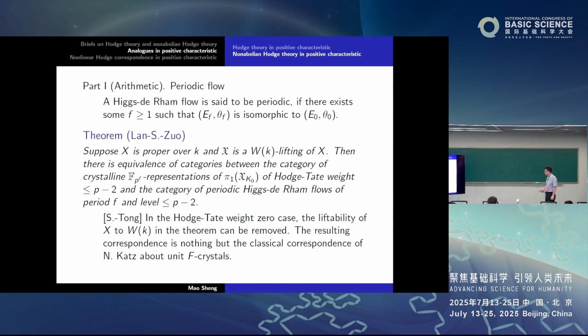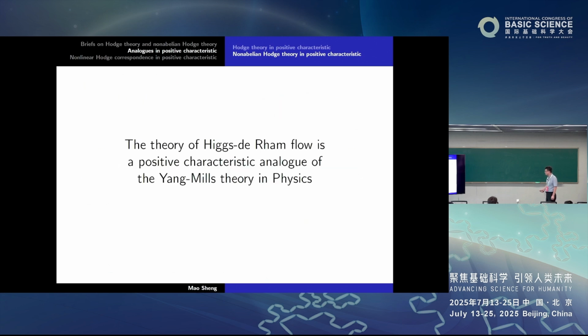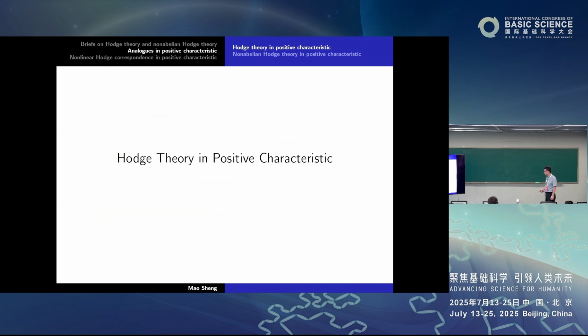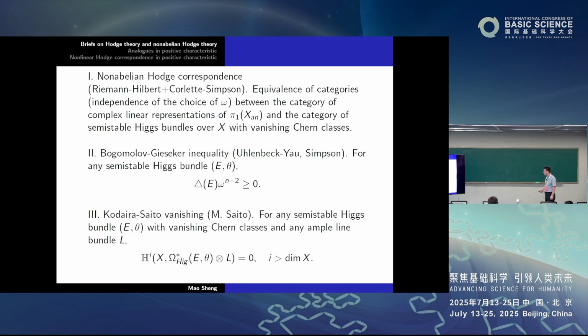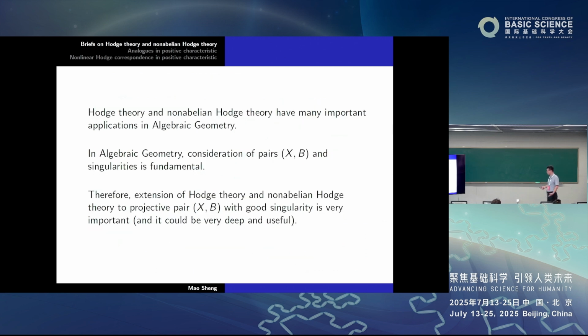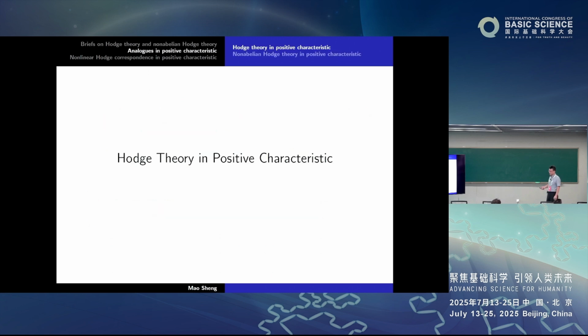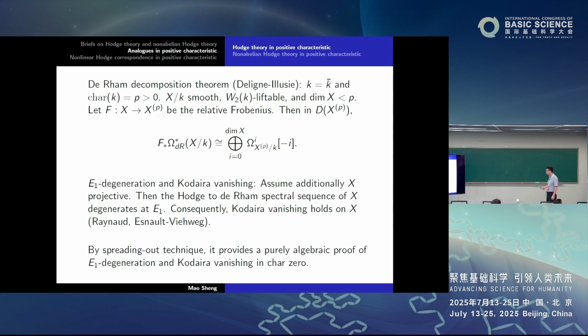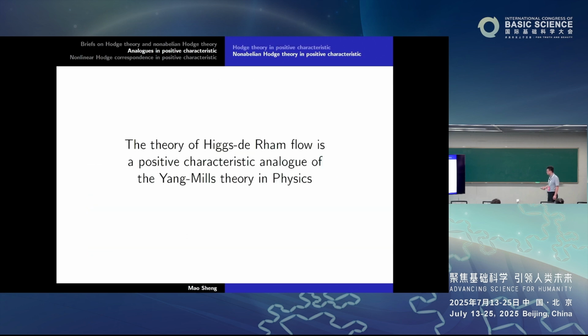Remember that in our above discussion, this Bogomolov inequality is a purely algebraic statement, and its first proof used the Yang-Mills metric. Now you can prove it without a Hermitian metric. Instead, you use the semistable flow. Okay.